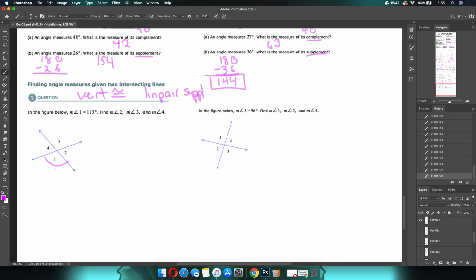So if the measure of angle 1 is 113, without even thought, we know what the measure of angle 3 is, 113. The shock! How easy was that? Next up, what is 180 minus 113? That's going to be 67, which means this is 67.